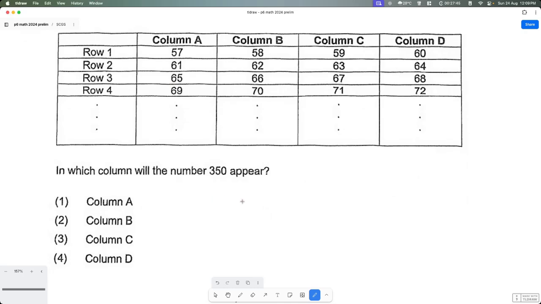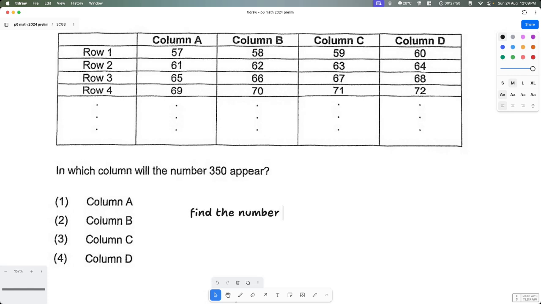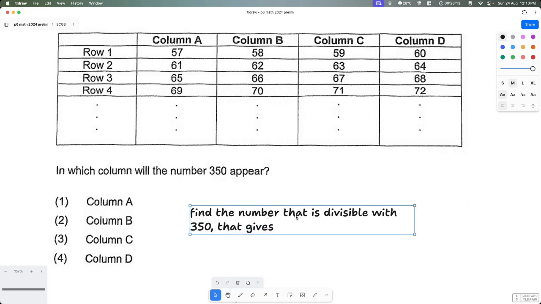So basically, you just need to find the number that is divisible with 350 that gives no remainder, which in this case is 350 divided by 70, which equals 5, right?